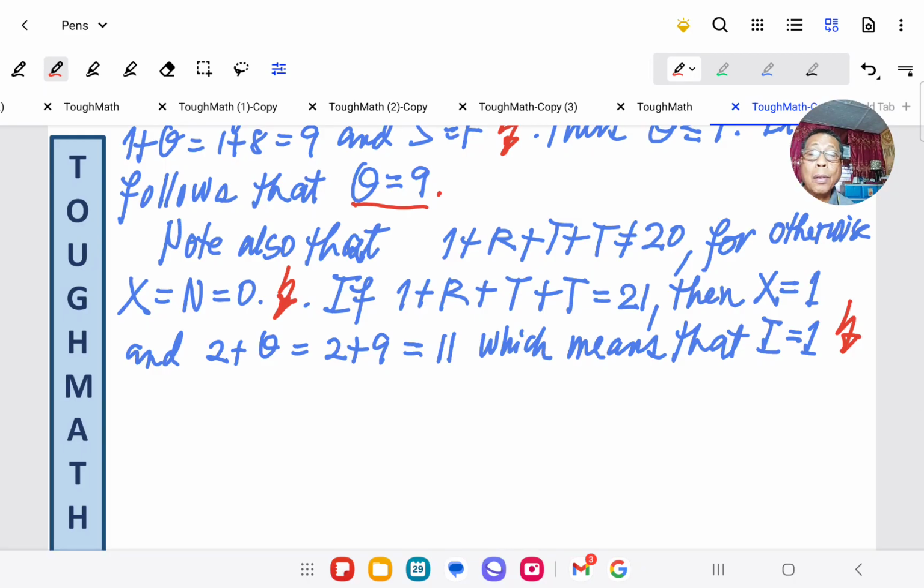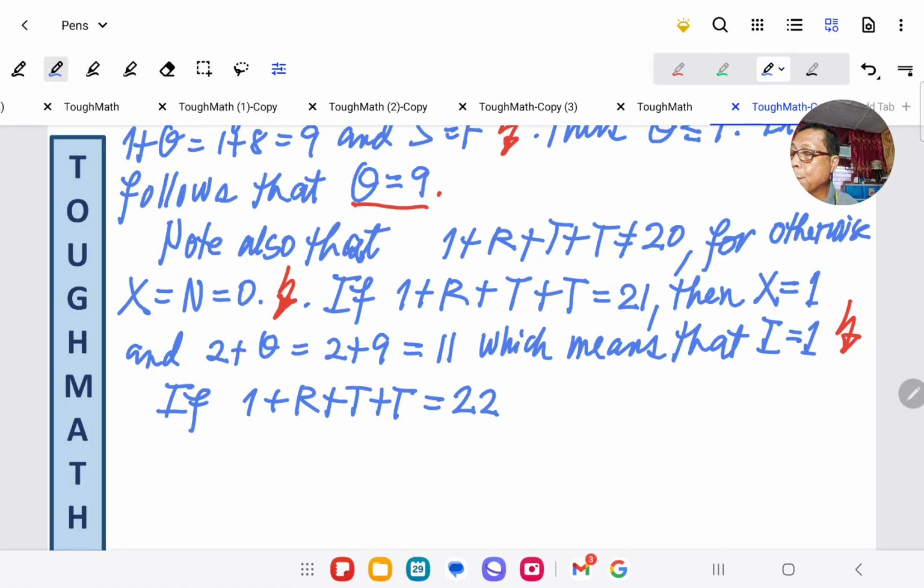Okay, so another possibility is that 1 plus R plus T equals 22. Out of this possibility, there is more than one sub-possibility, if we can use that term.